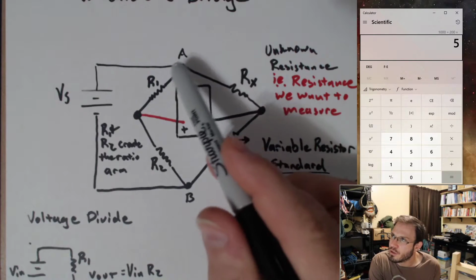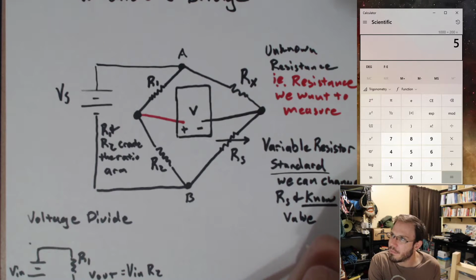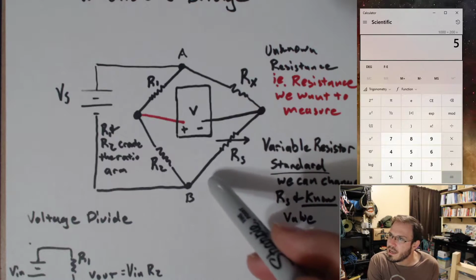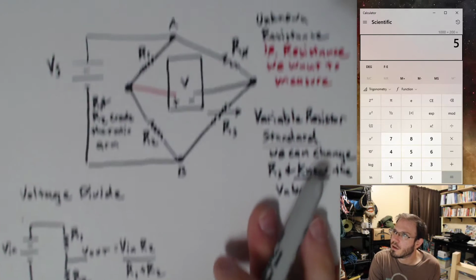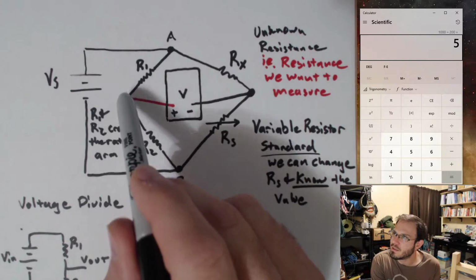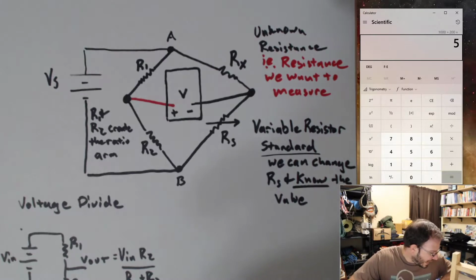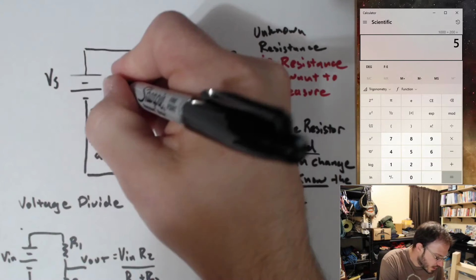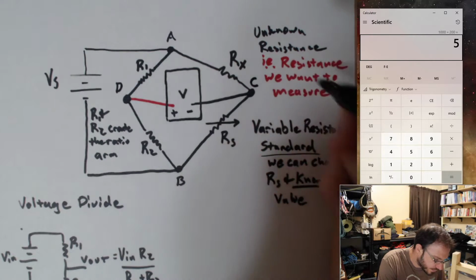Okay, so we have two voltage dividers with the same voltage across them. So we can go ahead and we can apply this equation twice for the voltage between this point and the voltage between this point. So let's actually call this D and C.